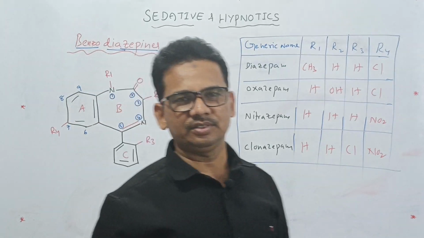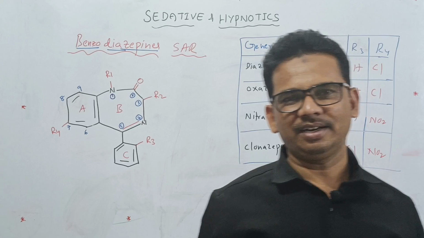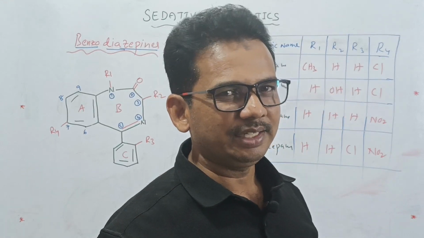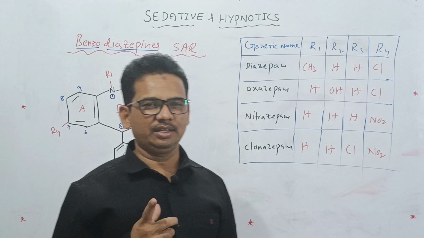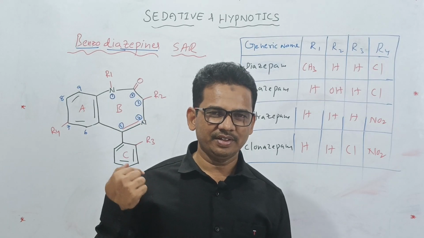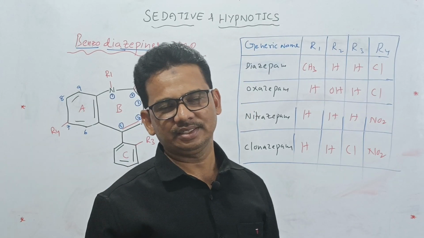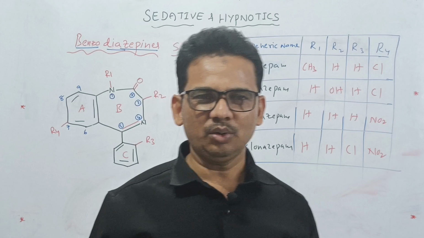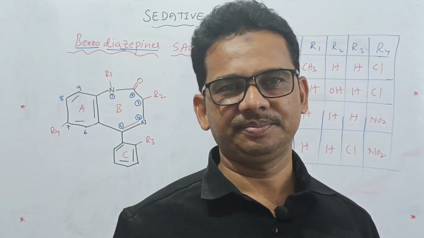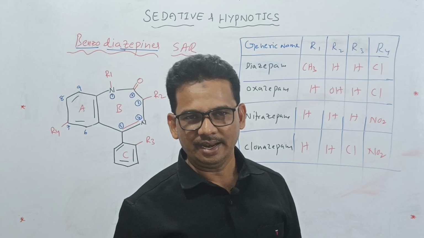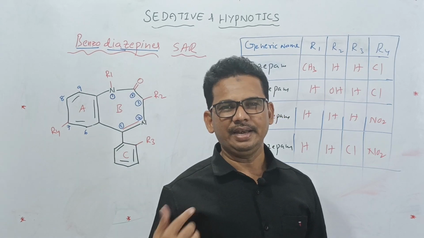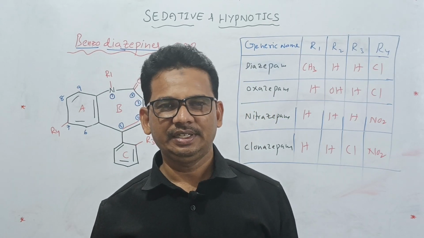Now I will explain the structure activity relationship, because these benzodiazepines play a vital role not only in the case of sedative hypnotics, they also play a very important role in another class, like anticonvulsants, anti-epileptic agents.